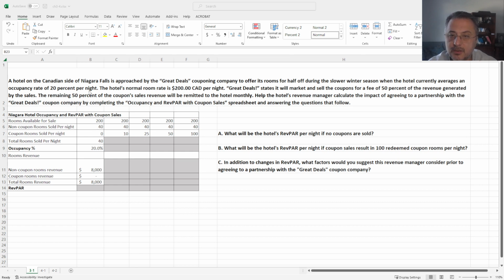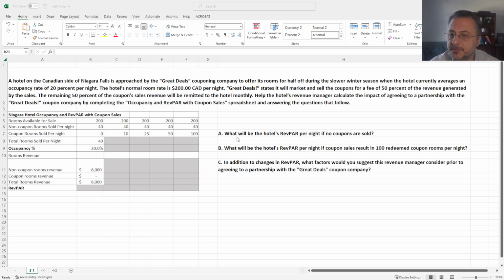Basically, they are going to sell it for 100 Canadian per night. In addition, they are charging a 50% fee. So in reality, you are getting only $50. Once again, this is kind of an extreme example, but it might be beneficial to the hotel. And let's calculate some of the things.